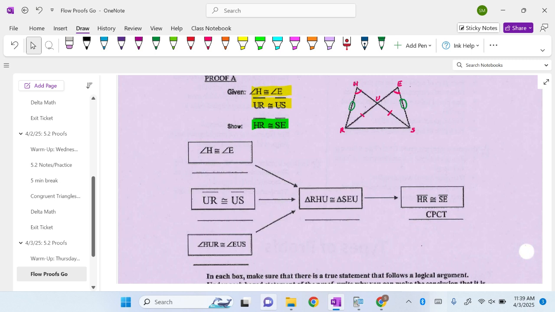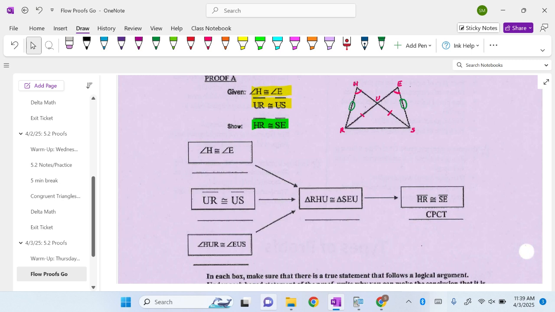So thus, segment HR is congruent to segment SE from CPCTC. All right, so that's where it says congruent triangles. It means corresponding parts of congruent triangles are congruent.